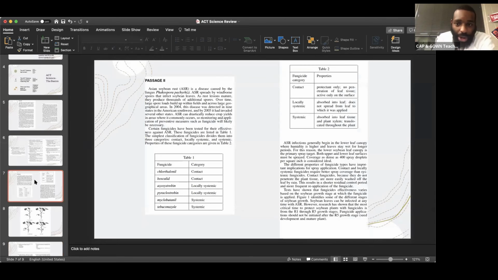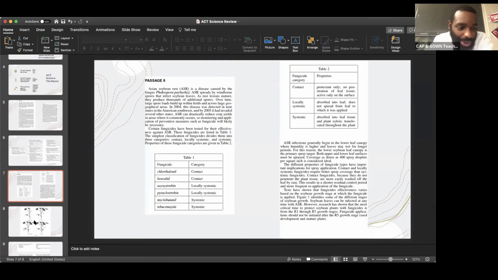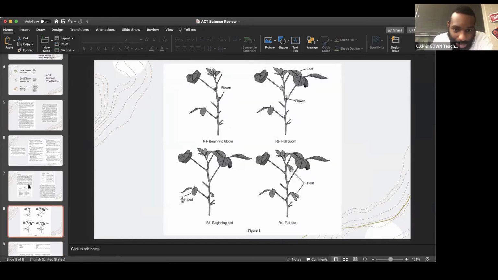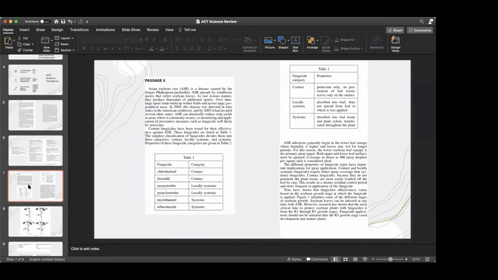If you guys need me to toggle, just tell me to toggle. Tell me whatever you need me to toggle to. That's what I'm here for. So you need the picture, your figure, or your table information. The table information for a moment. Okay.